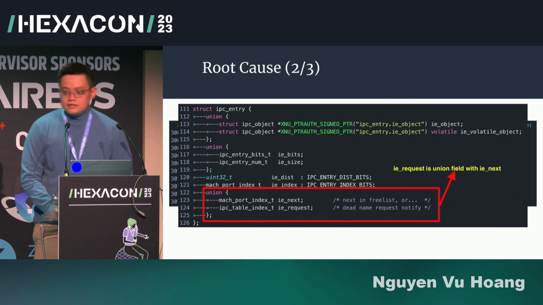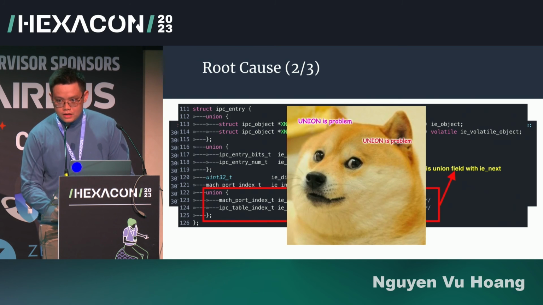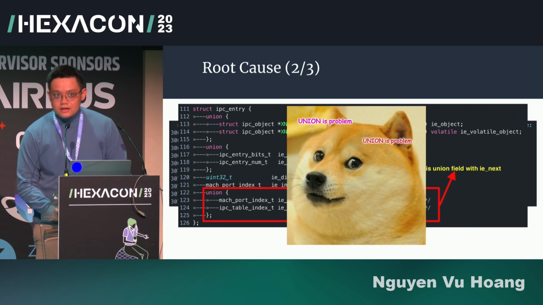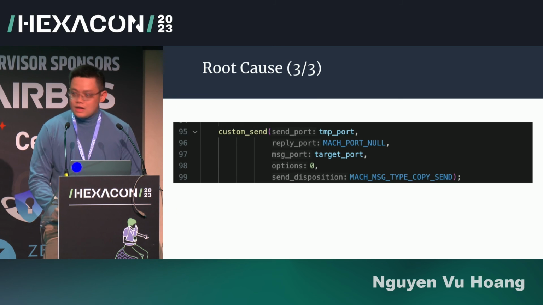As we can see here, the ie_next and ie_request fields are stored at the same offset, but these fields serve different purposes. So like I said, the union is the problem here. Now let's move back to the POC.